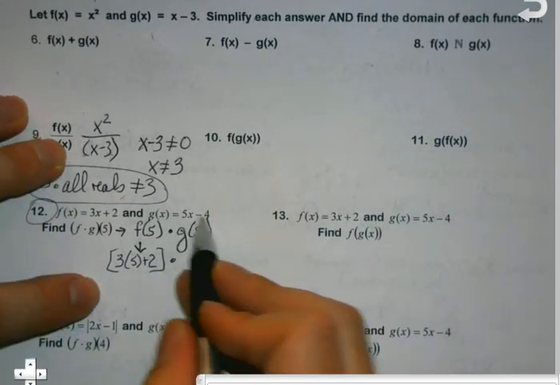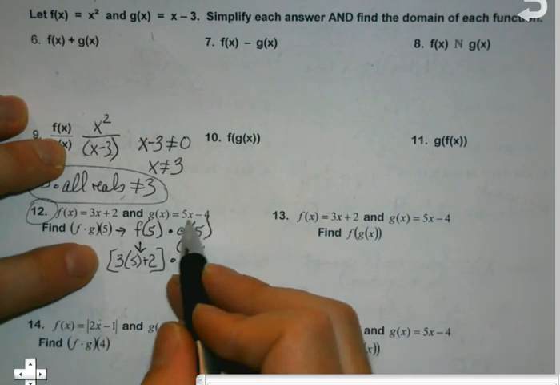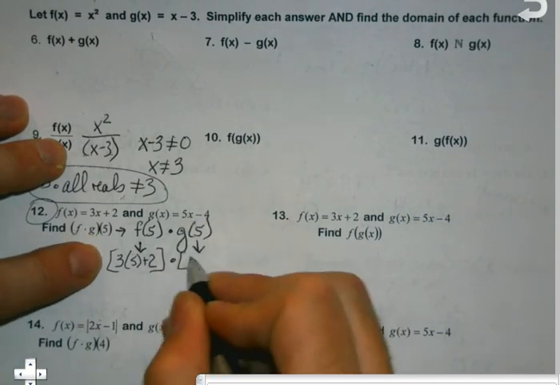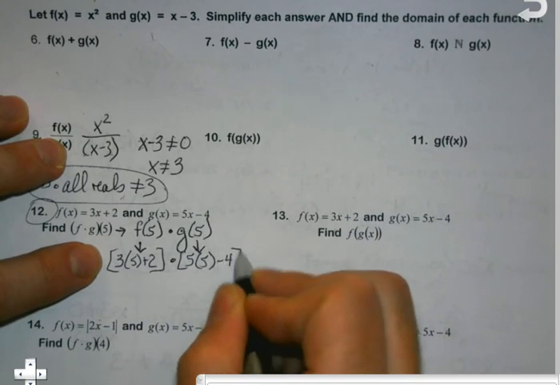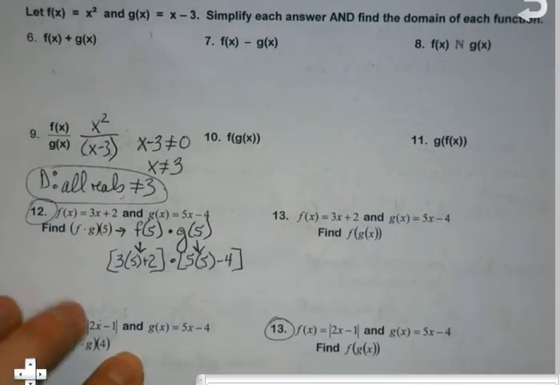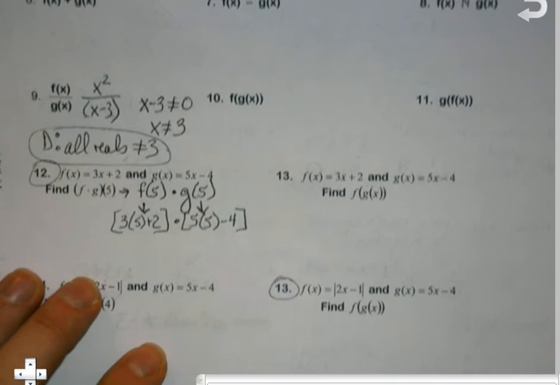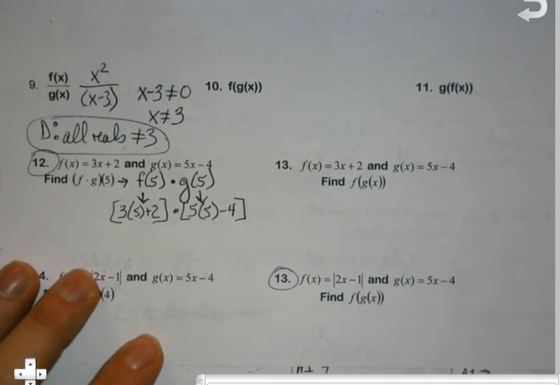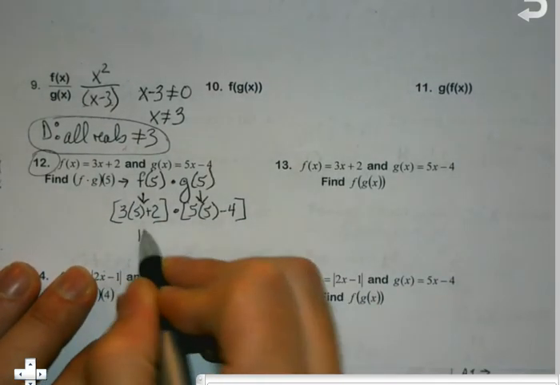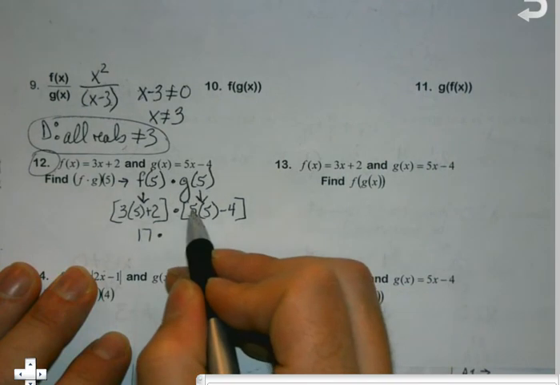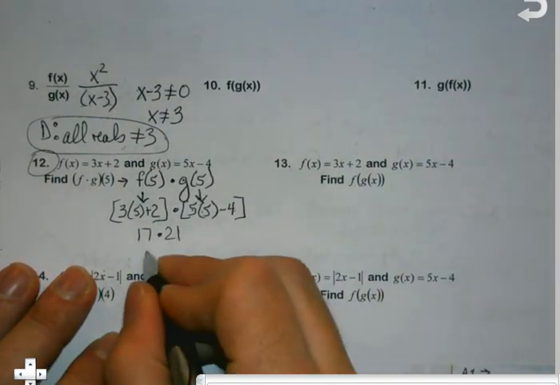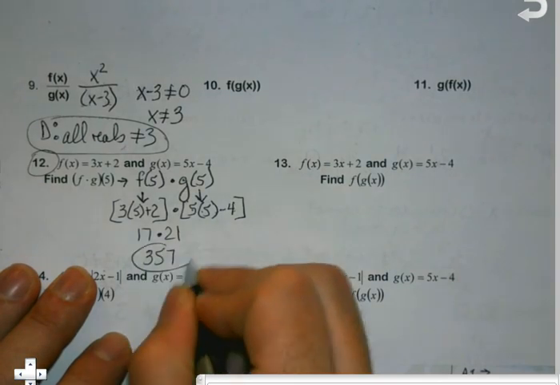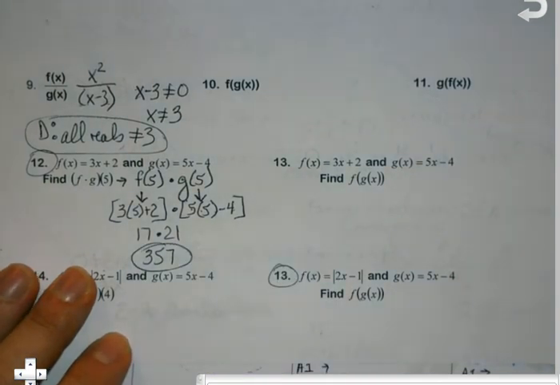My g of 5 is my g function, but again, 5 is going to replace the x. So 5 times 5 minus 4. So we're actually going to get a numeric answer. We're not going to get some notation here. So 15 plus 2 is 17. 25 minus 4 is 21. Afraid to trust myself, but I'm going to. And get my answer, and just go that route.